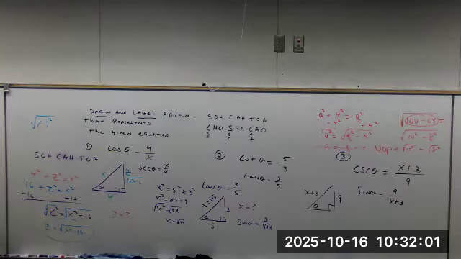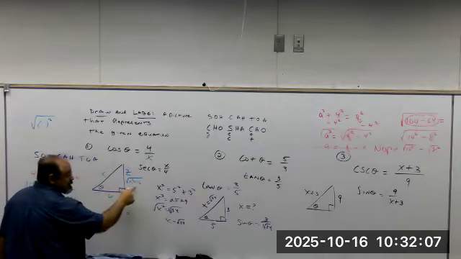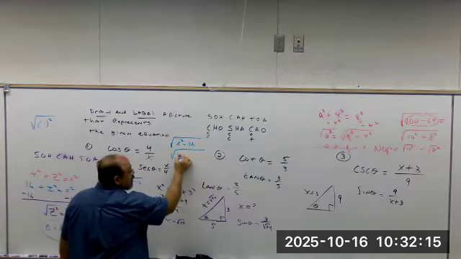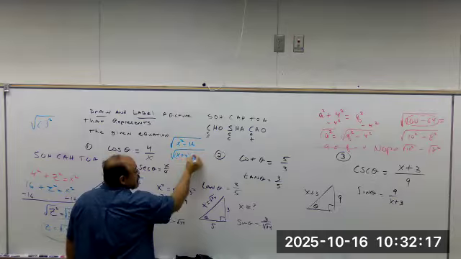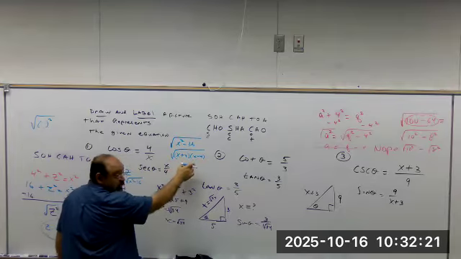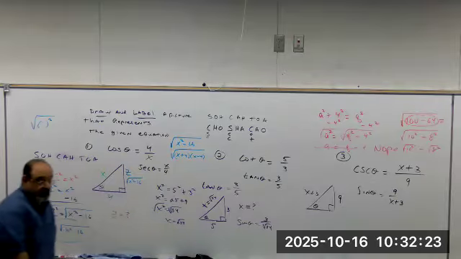perfect squares. It can only do an actual perfect square. x squared minus 16 is not a perfect square. The square root of x squared minus 16 is the square root of x plus 4 times x minus 4. That's not a perfect square. They're two different things.